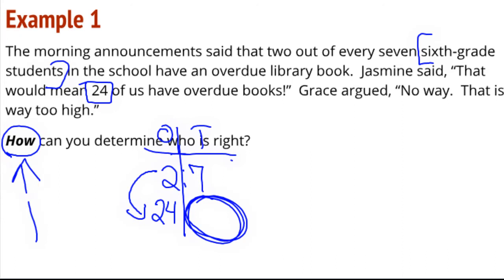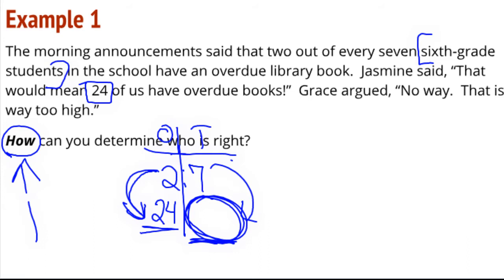Well, we need some more information. We need to know the total number of students. And then we can check and see, is 24 to this total number of students equivalent to the 2 to 7 ratio? So we need some information if we are going to determine who is correct.